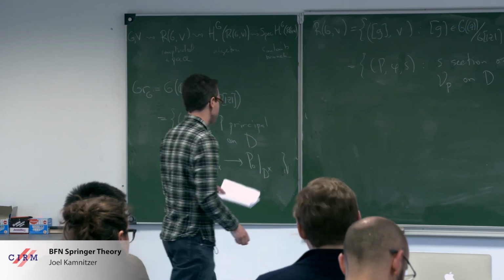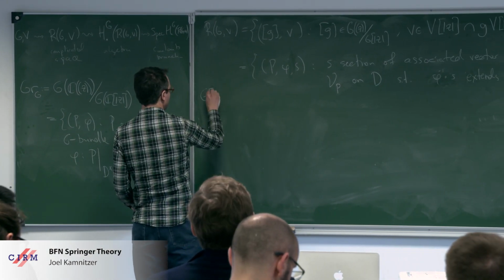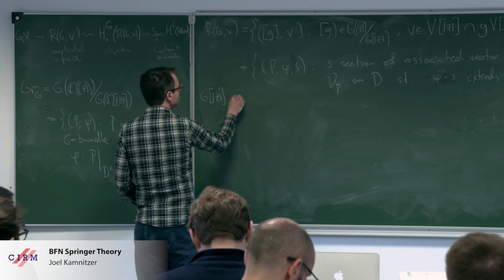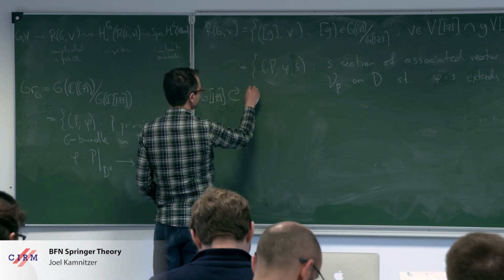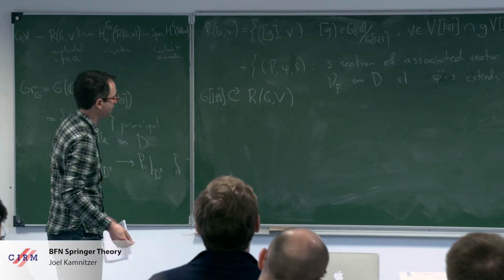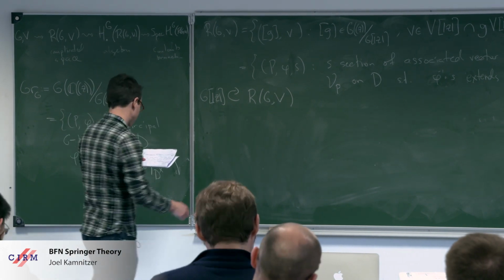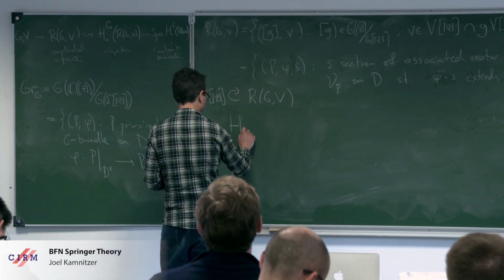And the space R_GV has an action of G of power series, just coming from its usual action on the affine Grassmannian and also acting on this vector v. And then we form the homology.